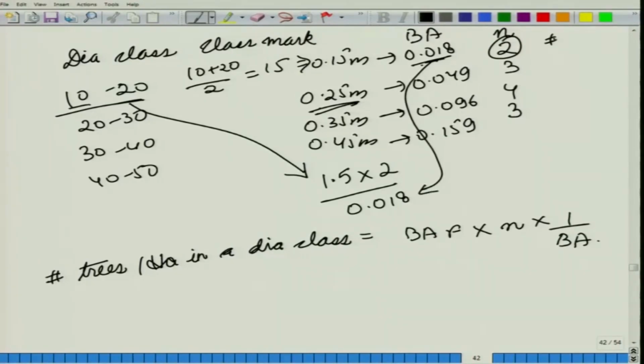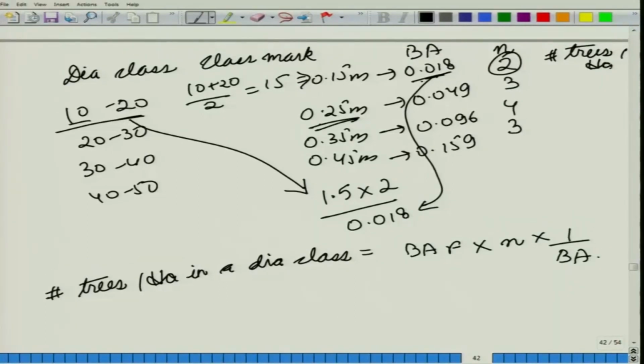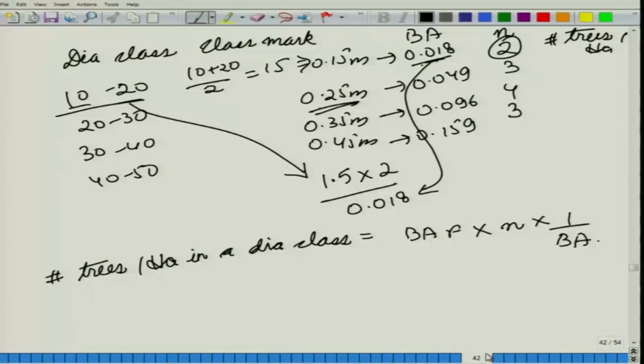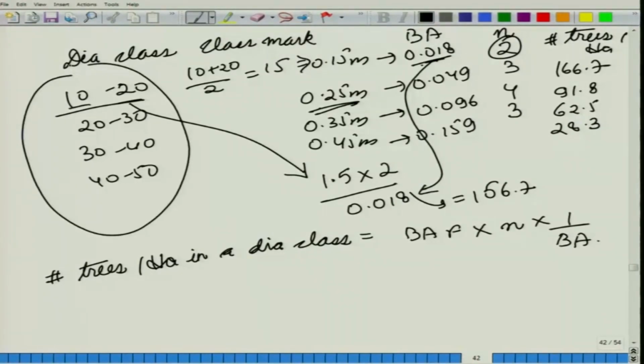This value comes to 166.7. Similarly, for the other cases we have 91.8, 62.5 and 28.3 trees per hectare corresponding to these diameter classes. So, this is how we can calculate using point sampling.